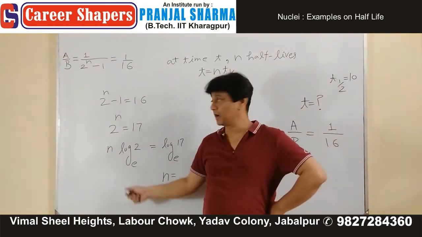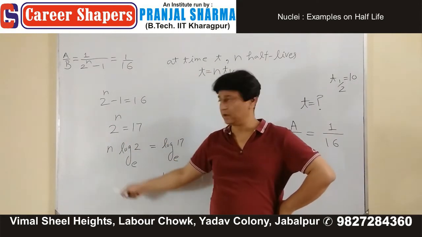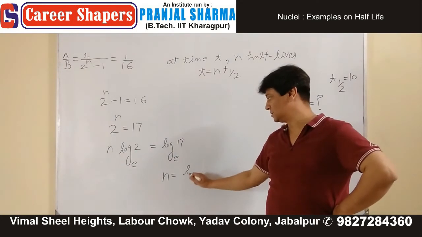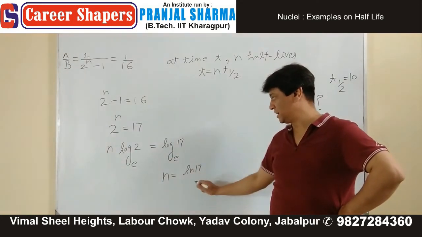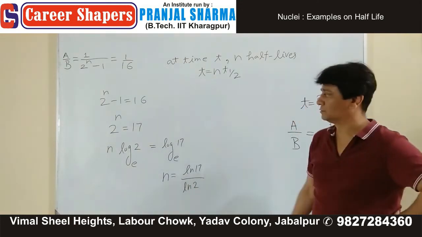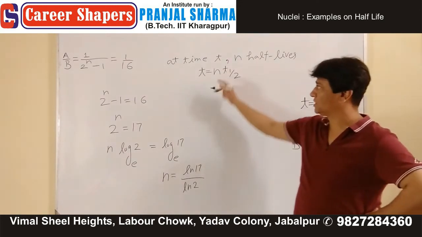Remember, the way I have taken log, once I take the log, I can shift the power as the coefficient. This is your coefficient n. This gives us n as ln of 17 divided by ln of 2. That's your n. What is t?